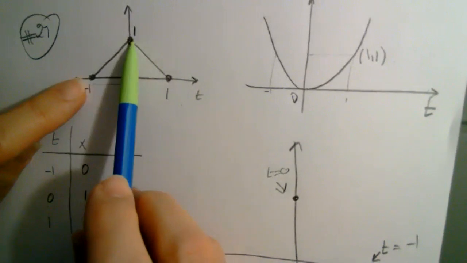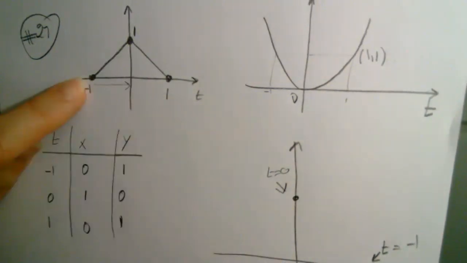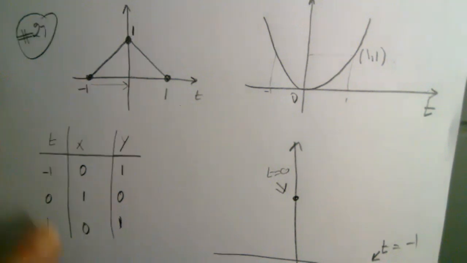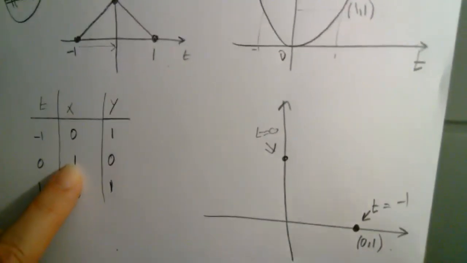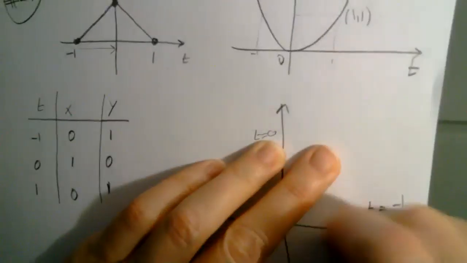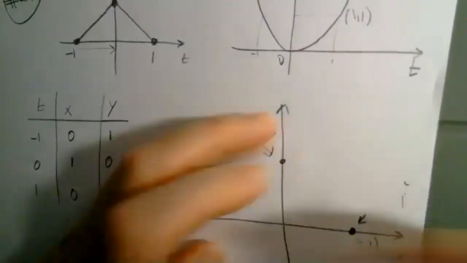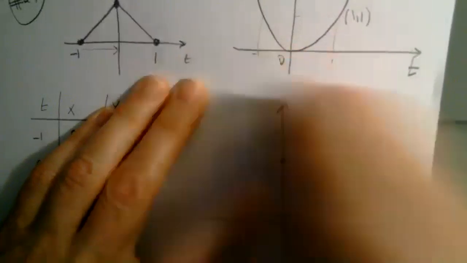x is increasing. The x coordinate. If the x coordinate is increasing, so my x coordinate was, am I doing something really wrong? You guys should tell me if I'm mixing things up.